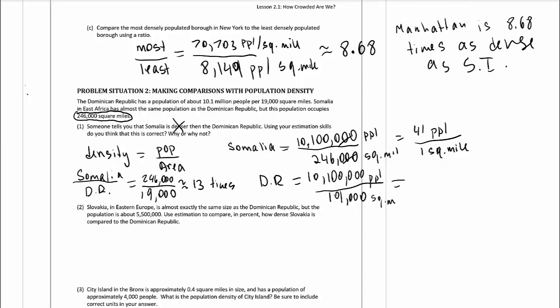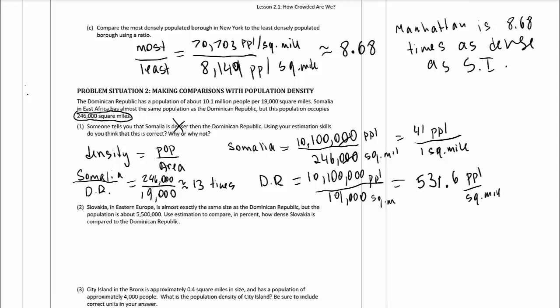All right, so we're going to divide 10,100,000 by 19,000, and you're going to get 531.6, if I round it. That's people per square mile.